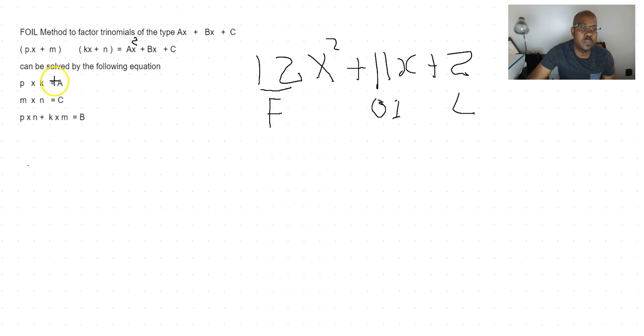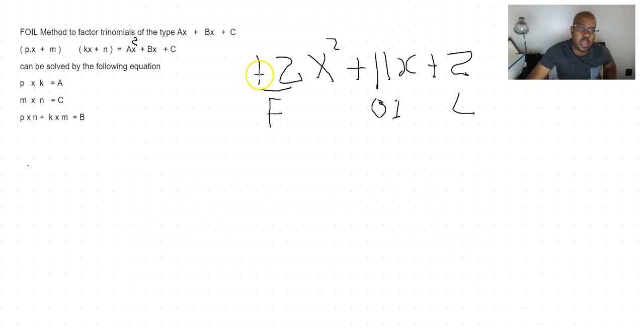The way to do it is to put this in the form of px plus m times kx plus n. We want to factor this. In order to do that, here's what we're going to do.